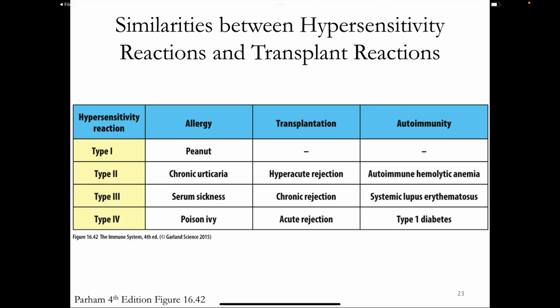Compared to the other two types of rejection, we know relatively less about chronic rejection, because it took us a while to get to the point where grafts could survive acute rejection, for chronic rejection to even start to become a problem.